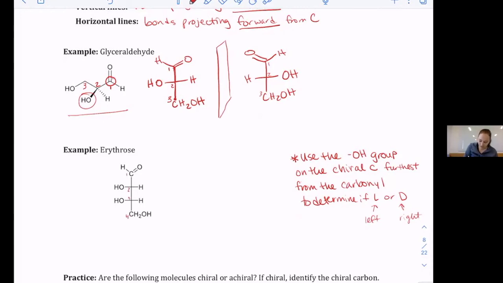So carbon number 3 is going to be my lowest chiral carbon. I'm going to put a box around the oxygen, the alcohol. That alcohol is on the left side. Therefore, this is L-erythrose, which is the name of this molecule.